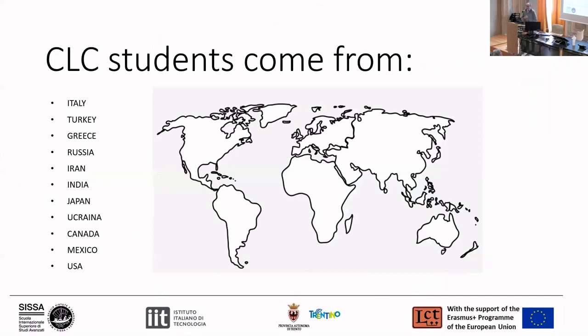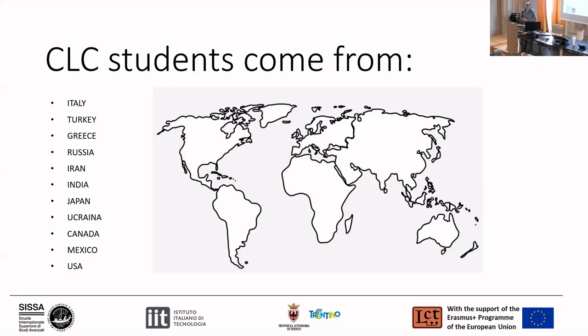Our students, as Stefania mentioned, come from a very broad range of countries. Well, a certain number come from Italy, of course, but we have historically had many people coming from Turkey, from Russia, from Iran, and then we have people from India, Japan, Greece, Ukraine, the Americas, Canada, Mexico.